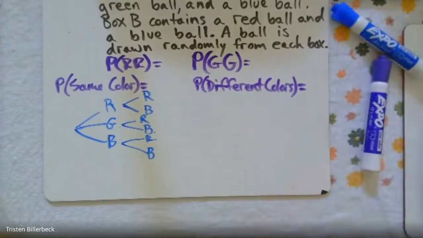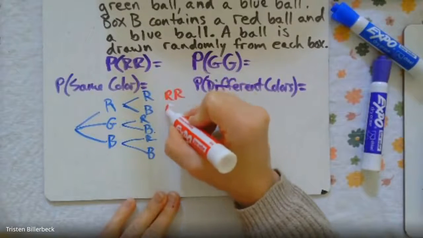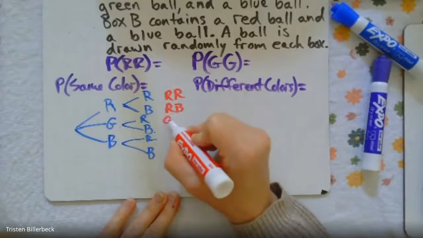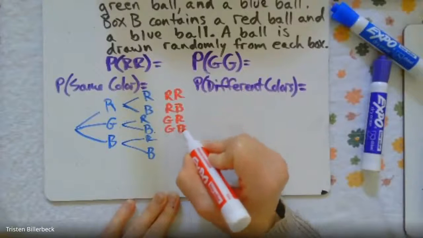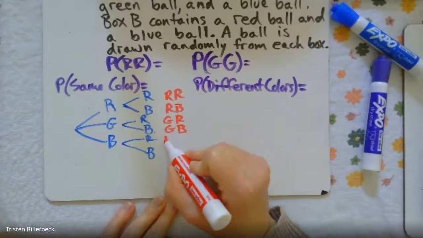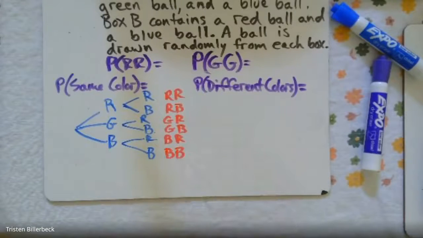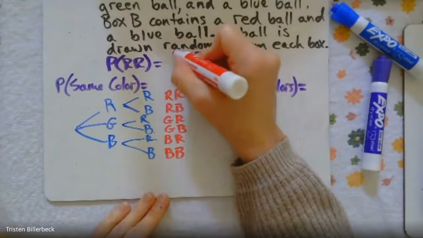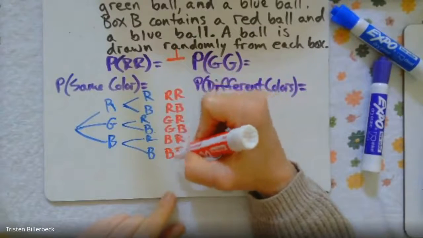All right, let's draw out our sample space. And we have RB, RR? Let me list them: R, B; G, R; G, B; B, R; and B, B. Okay, so the probability of R. Well, we have 1 R occurring out of 1, 2, 3, 4, 5, 6.